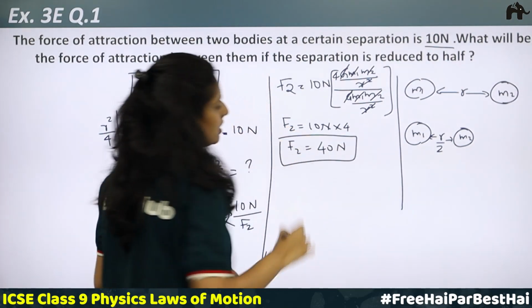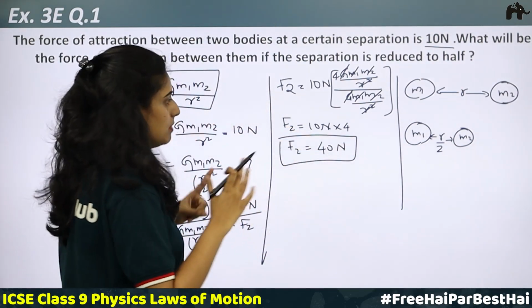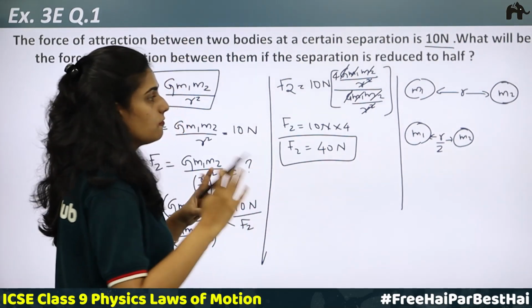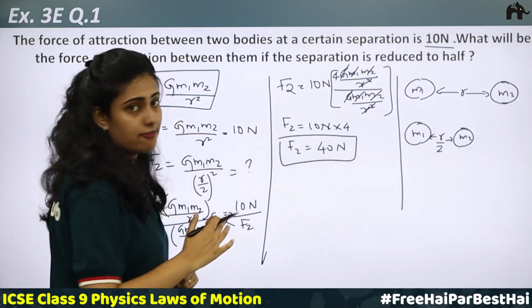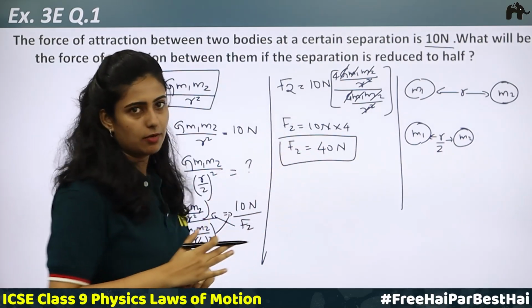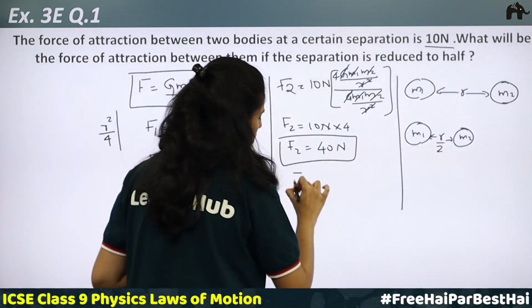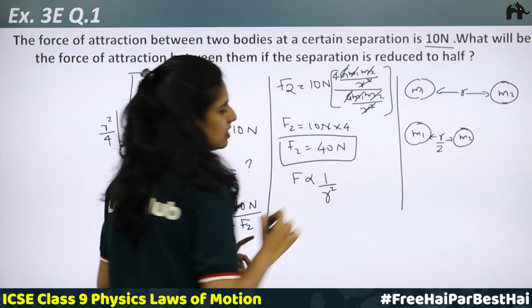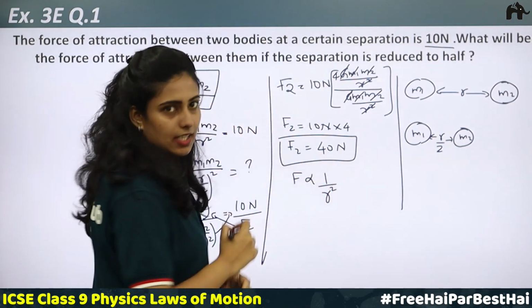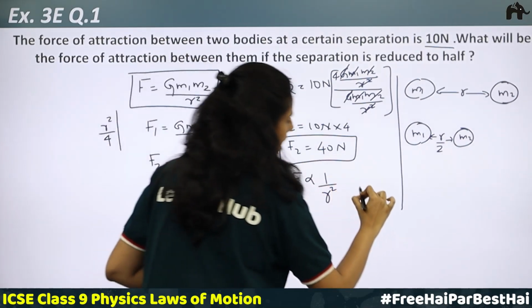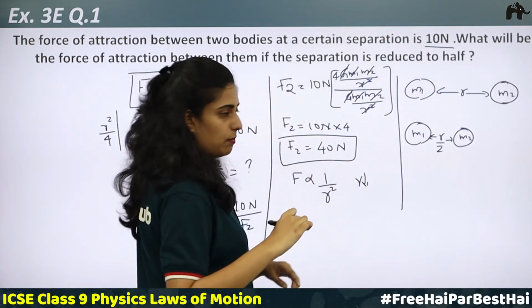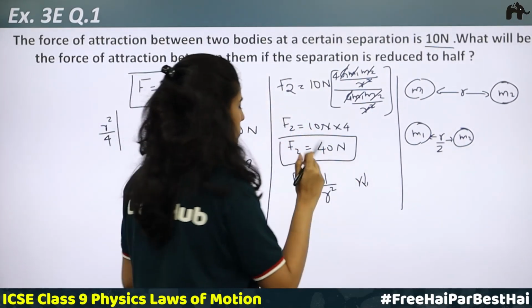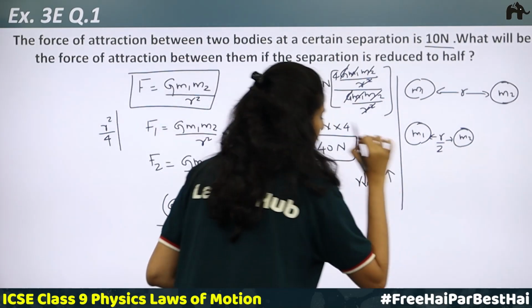So the gravitational force of attraction between M1 and M2 when the distance of separation is halved is 40 Newton. We have the relation: force is inversely proportional to the square of the distance of separation between them. So when R reduces, that is, the distance of separation reduces, gravitational force will increase.